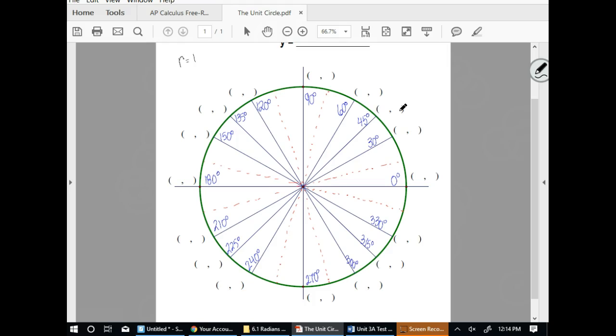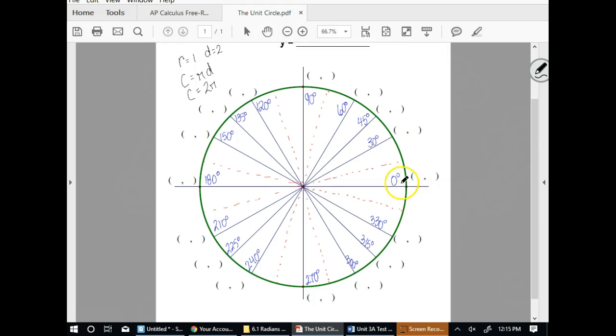Does anybody remember how we find circumference? Okay, pi times diameter. So in this case, what is the circumference of the unit circle? It is 2 pi, because if our radius is 1, that means our diameter is 2, right? So this would be 2 pi.